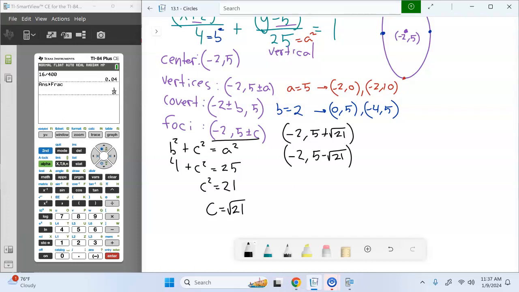If you needed to plot and graph your foci, you could calculate that and estimate it. 5 plus the square root of 21 is approximately 9.6, and 5 minus the square root of 21 is about 0.4.